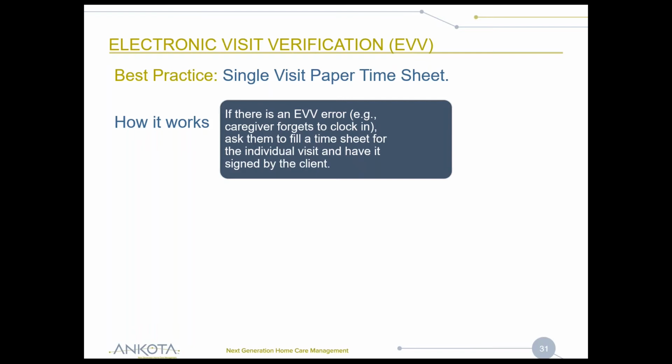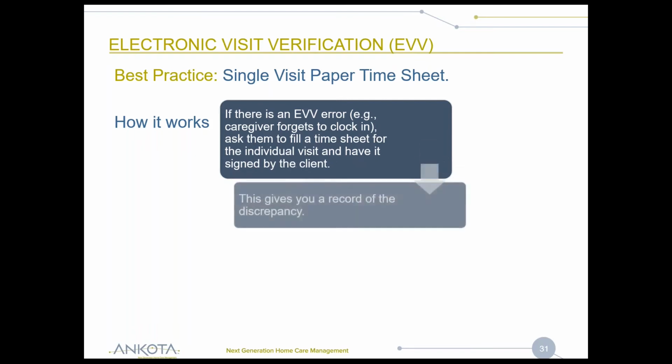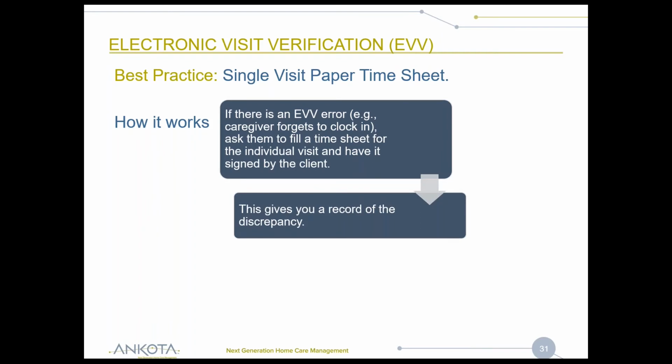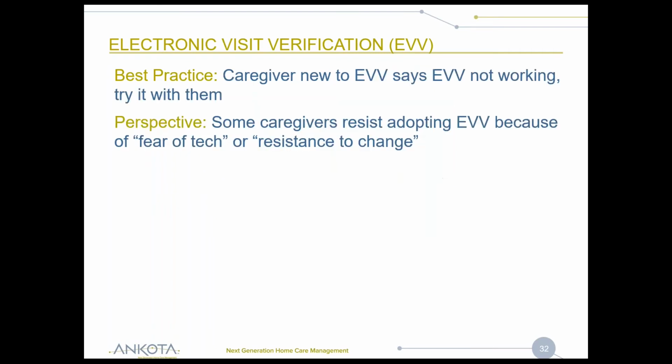But one of the best practices when you move to having an automated system is to just have a single visit timesheet. And that way, if a mistake is made, you just have to get a sign off for that one visit, and whatever the discrepancy was, caregiver forgot to clock out or the client's phone died, it could be written down. You get a caregiver signature and a client signature, and now you have a record of it, so if you're going to get an audit.